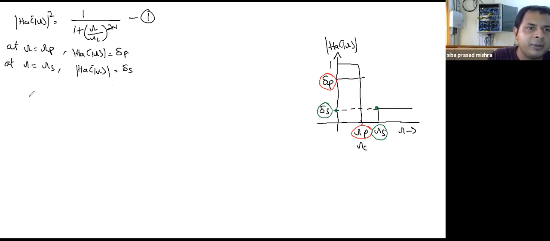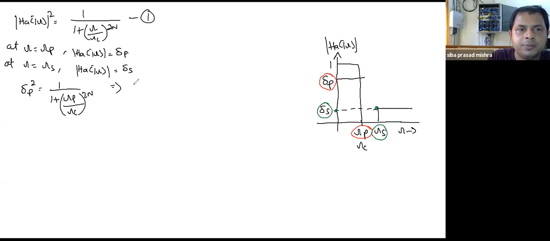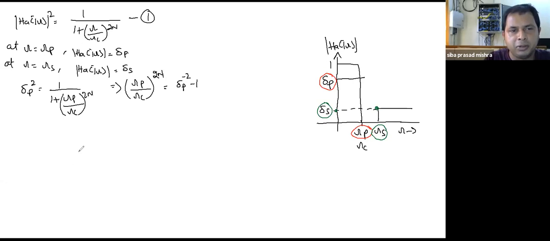Then you will get del p square equals 1 by 1 plus omega p by omega c to the power 2n, or omega p by omega c to the power 2n equals del p to the power minus 2 minus 1. This is equation 2.